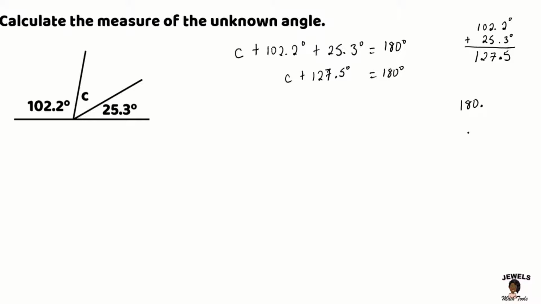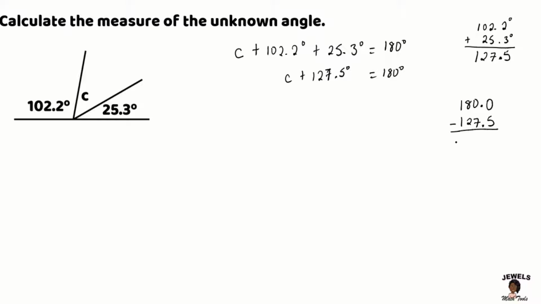So my decimal point goes behind my 0, and now I'm going to write in my decimal point again and fill in my other numbers with my 7 underneath the 0, my 2 underneath the 8, and my 1 underneath the 1, and my 5 will go behind the decimal point. And we can write in the 0 above that 5 to help us with our calculation. And remember that that 0 does not change the value of my 180 degrees.